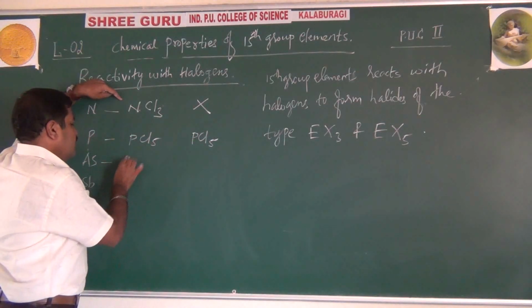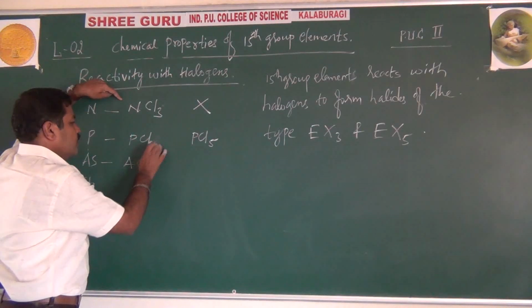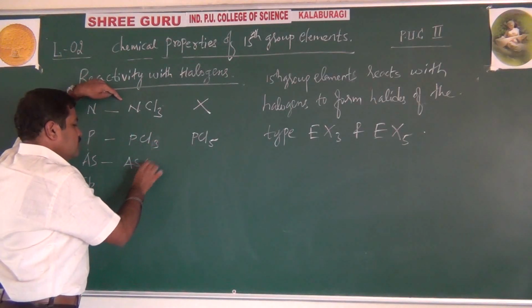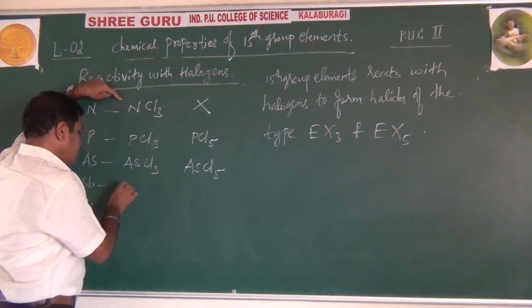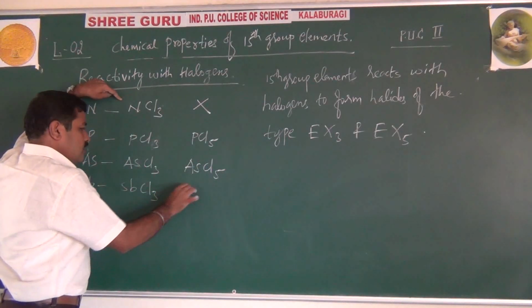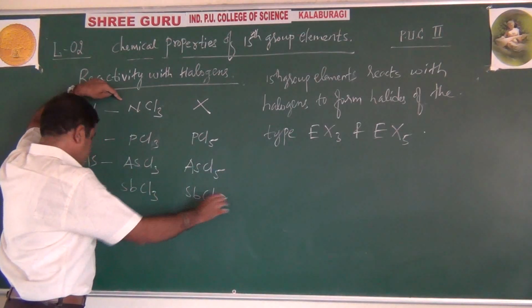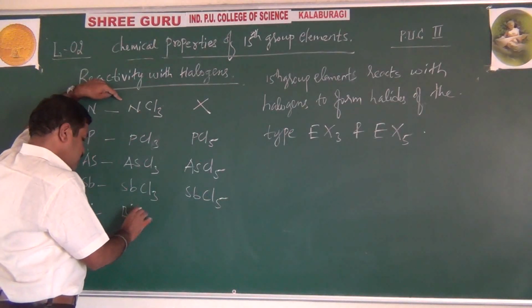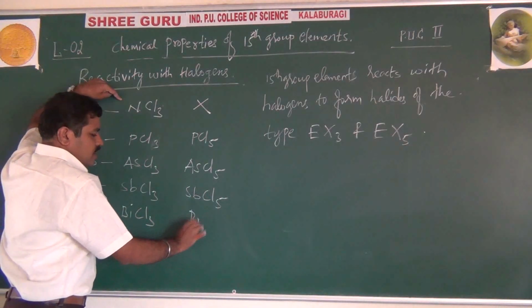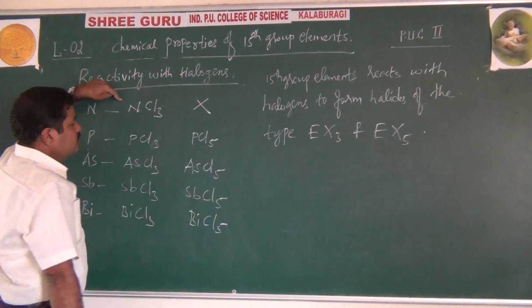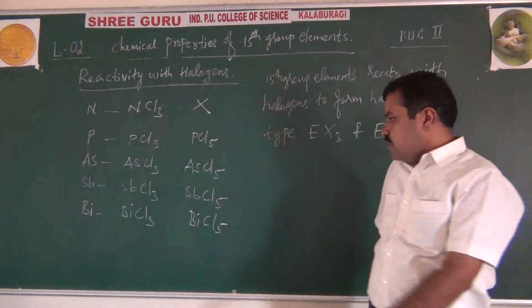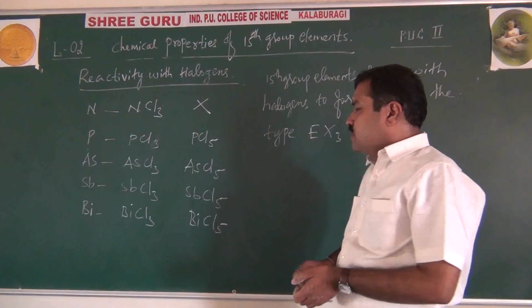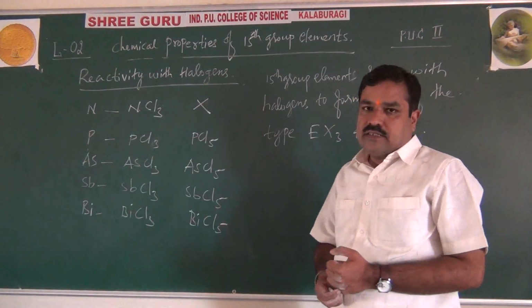Okay. Then arsenic trichloride, arsenic pentachloride. Even SbCl3, SbCl5. Okay, BiCl3, BiCl5. That means except nitrogen, phosphorus, arsenic, antimony, bismuth, they form trihalides as well as pentahalides.